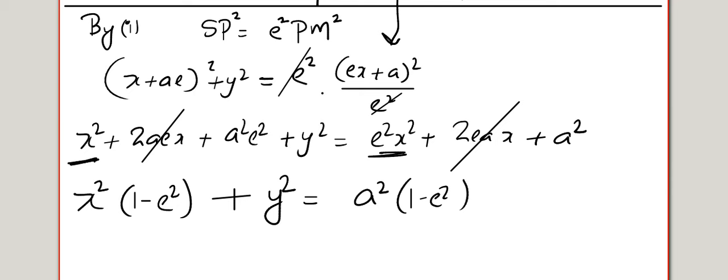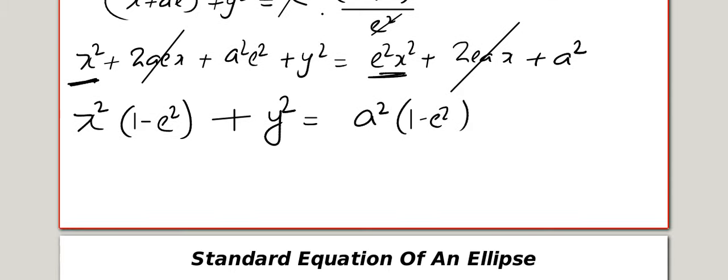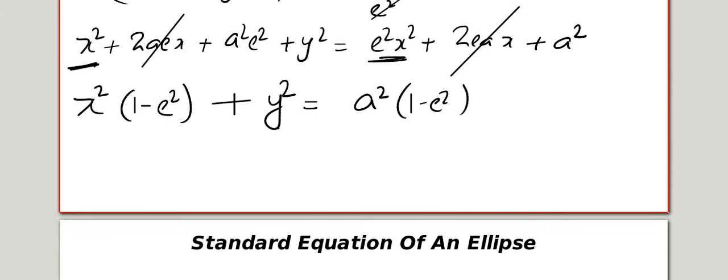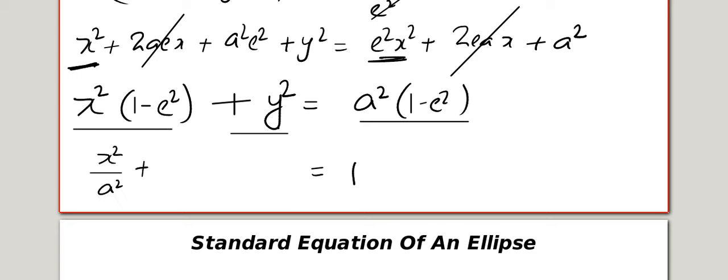You think about it. Now, I think in class 12 you might have learned that the standard equation looks like x squared by a squared plus y squared by b squared is equal to 1. Don't worry, I'm going to divide throughout by the right hand side. So we get x squared by a square plus y squared by a square into (1 minus e square) is equal to 1.